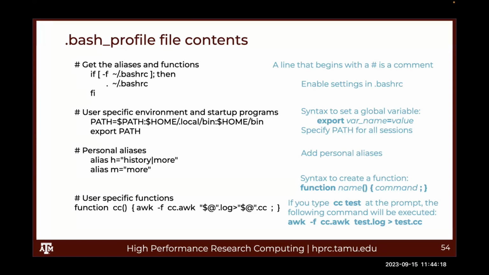It's very similar to other kinds of scripting languages, where we've got the commented out lines beginning with the hashtag. And then we're enabling here the settings in this if command. We're looking for a .bashrc file. If it's there, then we're going to source it, let it run. Then the next line right here is going to be your path.